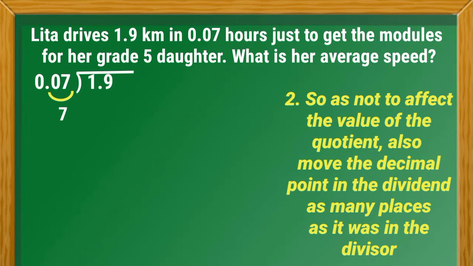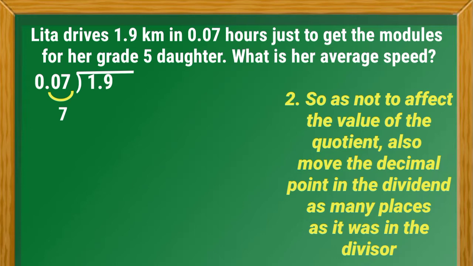And what will happen to the dividend? Our dividend here is 1.9. The decimal point is in between 1 and 9. We are going to move the decimal point to the right. How many times? We have to move the decimal point to the right the same number of places as in our divisor.